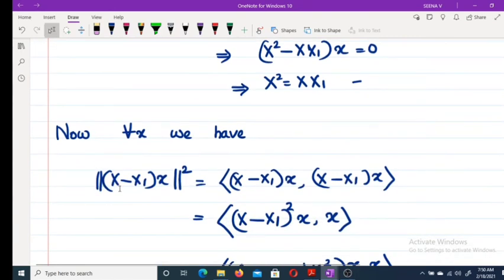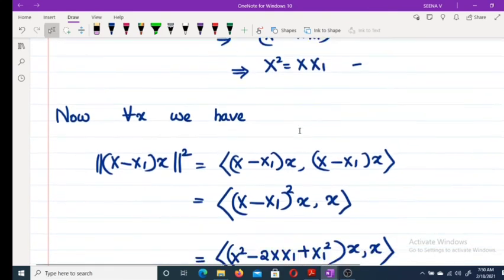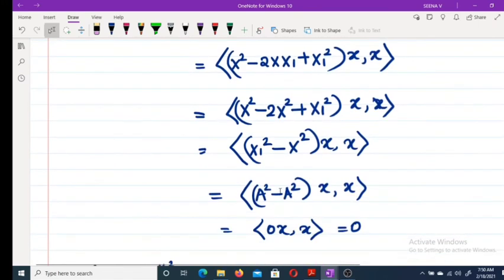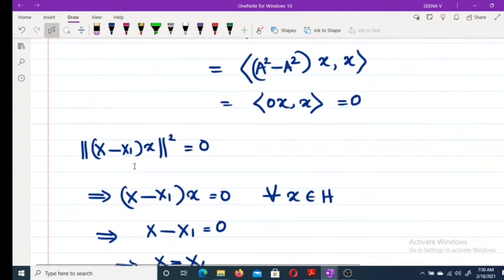Now for every x we have norm of x minus x1 x whole square equal to inner product of this one, x minus x1 square x this one, and that's equal to x square minus 2x x1 plus this one, x x1 is x square. Okay, and finally x square minus x1 square, and this is a minus a, 0. That means norm of x minus x1 x whole square is equal to 0.